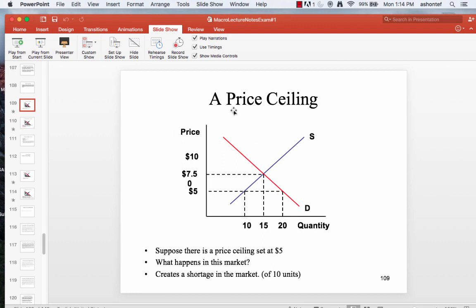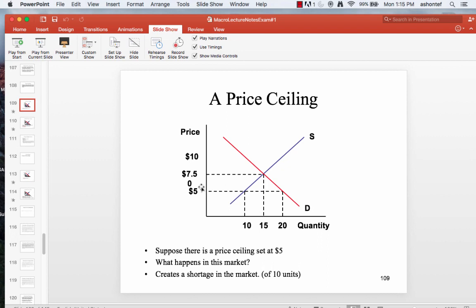So here we have equilibrium, supply and demand, and without any kind of interference whatsoever, we would always end up in our equilibrium. We've gone over this in class. So we'd be at a price of $7.50 and an equilibrium quantity, where quantity supplied and quantity demanded at that $7.50 price would be 15. So we wouldn't have any problems here. But if the government comes along and says that $7.50 is just too high of a price, they would go ahead and impose a price ceiling.